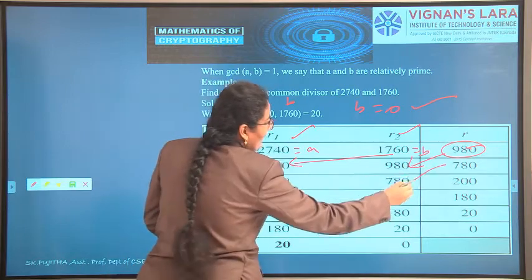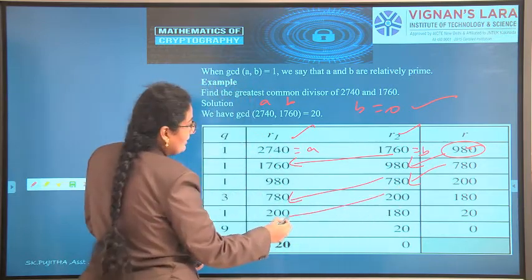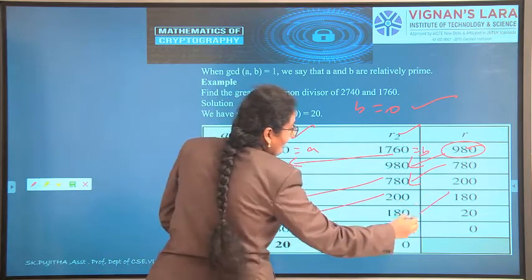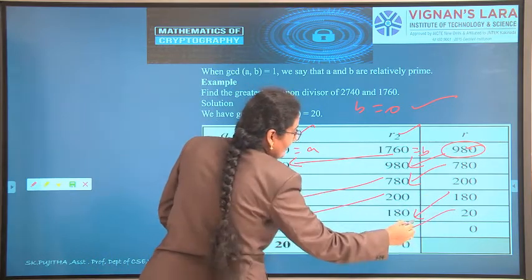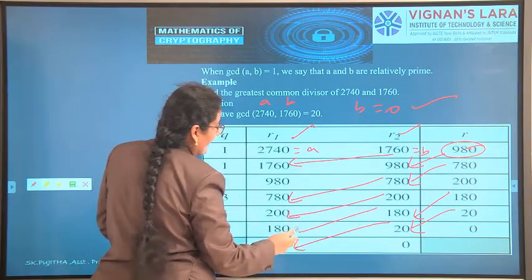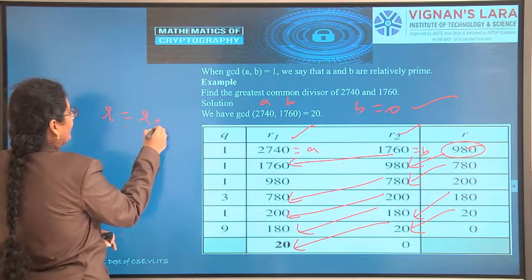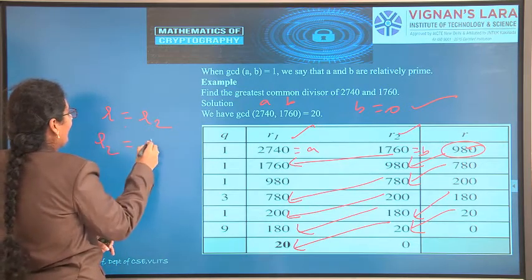Same way, R value to R2, R2 value to R1. So, always we are giving R value to R2 and R2 value to R1.